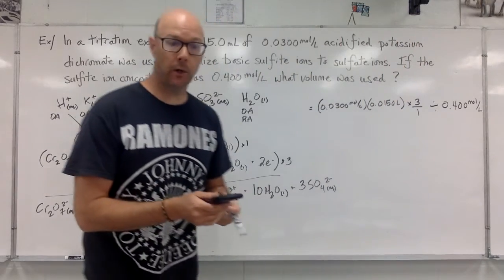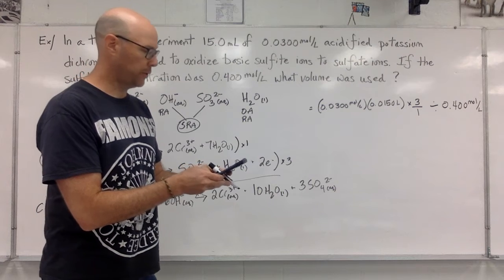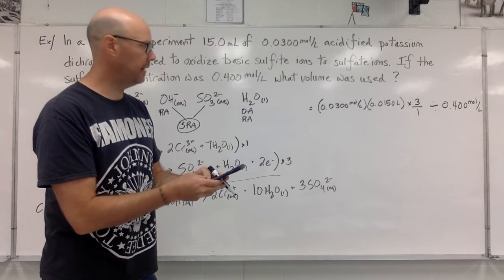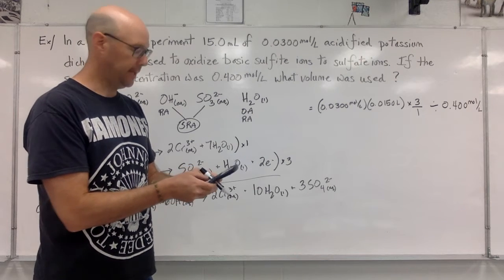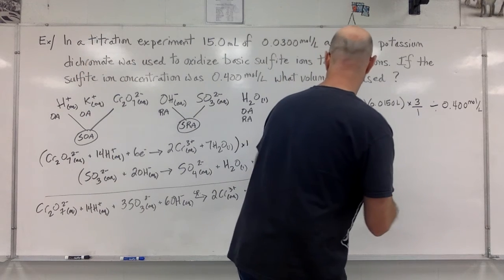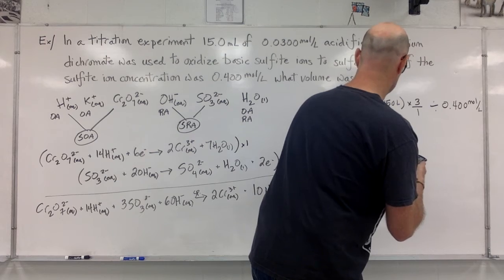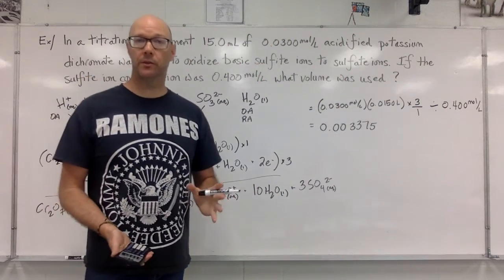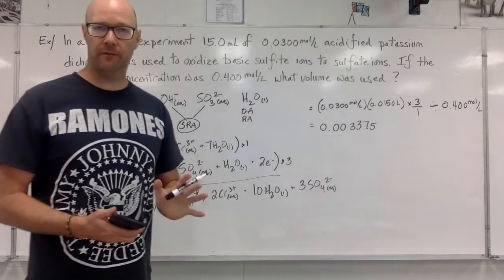We can calculate away, we can take our time, there's lots of buttons to push. 0.015 times 3/1 divided by 0.4. That gives 0.003375. We need to apply our significant digits.